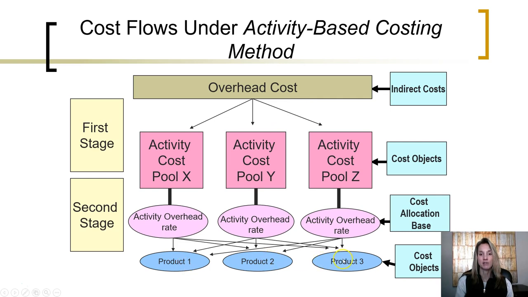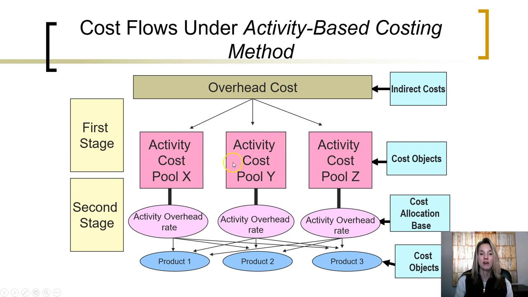the three products. Activity-based costing will instead first take these overhead costs and identify the different activities that are driving those costs. And it then regroups those overhead costs into a cost pool for each activity that is driving the indirect cost.